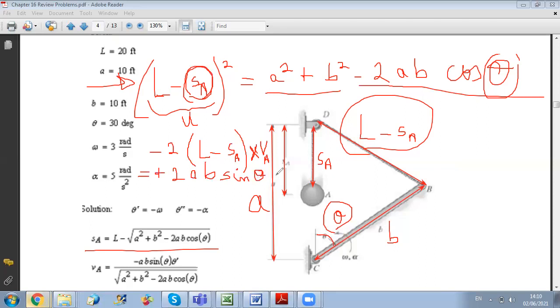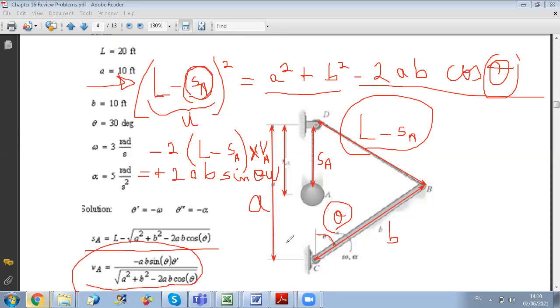So we should multiply by theta dot, which is omega. As you can see, we found a relation between SA and theta, and VA and omega. If you rearrange your terms now, you get the expression of VA. Then just replace, so you get VA as a function of these parameters.